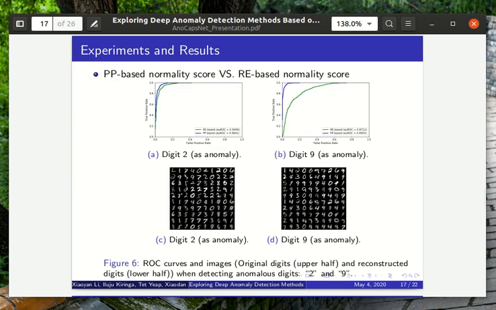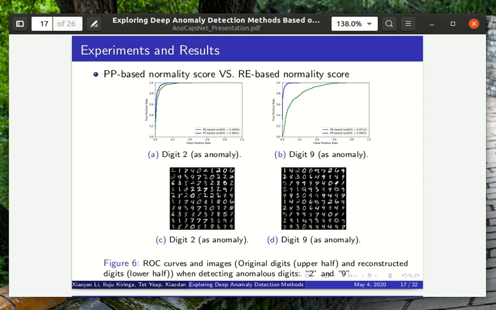By further comparing prediction probability and reconstruction error based methods, one can see that the prediction probability based method is more stable and not very sensitive to the similarity between input images and reconstructed images.